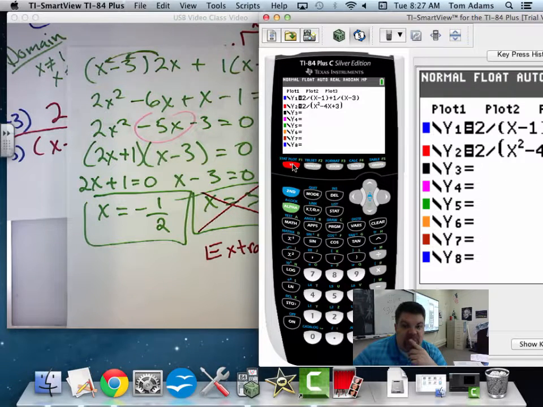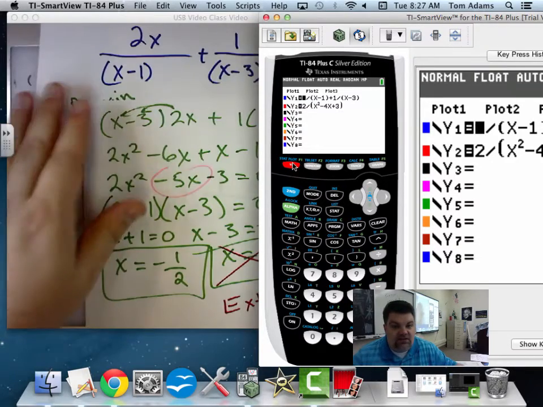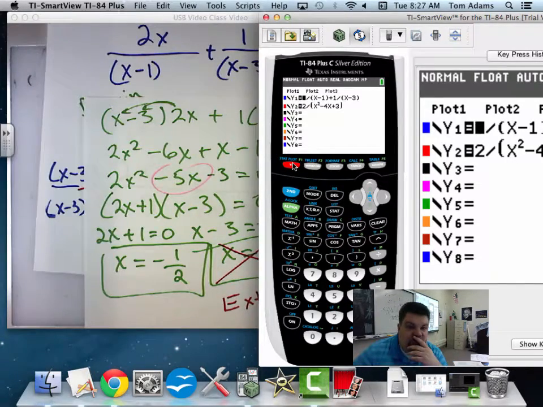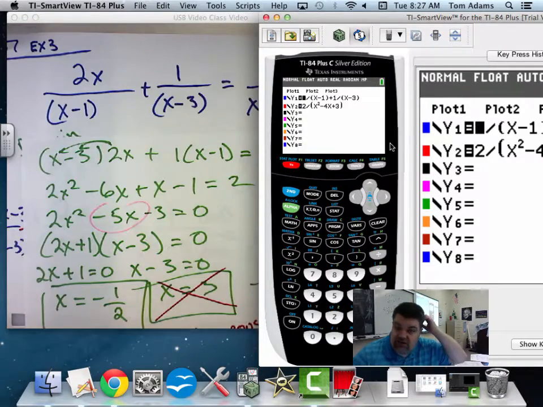So let's look again. Did I plug it in correctly? I've got 2x divided by x minus 1 plus 1 divided by x minus 3. That looks correct. 2 divided by x squared.